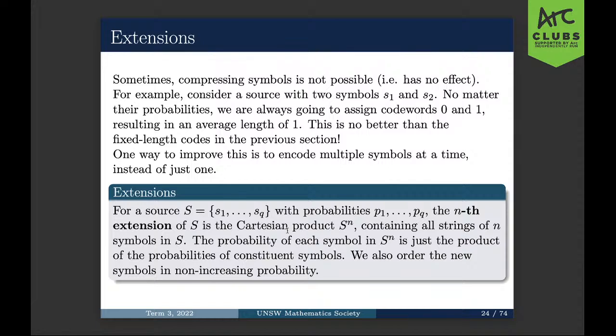And that's just going to be all strings of n symbols in S. So for example, if our source is A, B, then S squared would be the source with AA, AB, BA, and BB. The probability of each symbol in this nth extension is just the product of the probabilities of the constituent symbols in each of the new symbols. And we also order the new symbols in non-increasing probability, just as before.